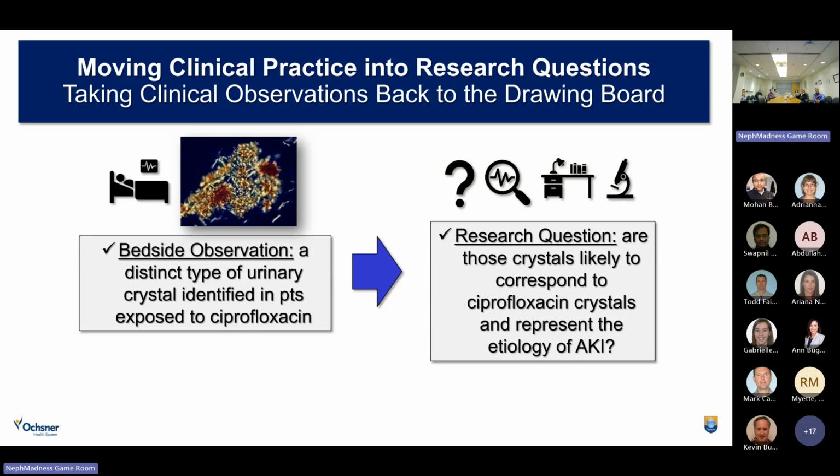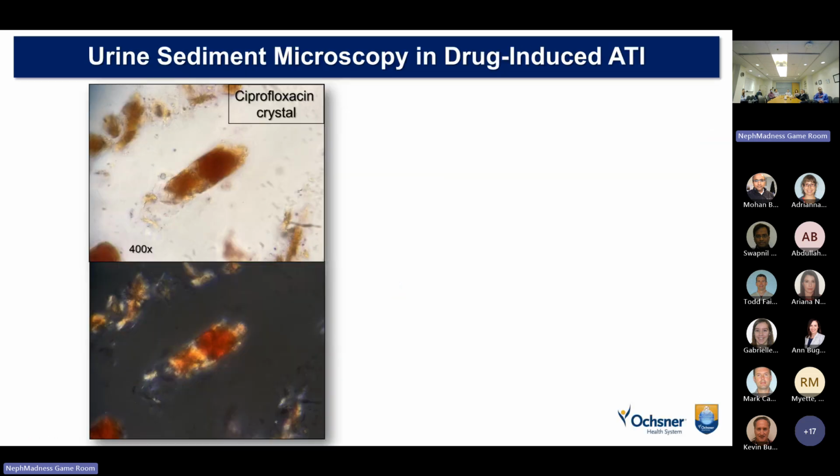But we kept seeing crystals with this particular appearance, brownish, some spindle shape, as you can see in this image, in patients that had been exposed to ciprofloxacin. We had a couple of times, and we started asking, is this a pattern or a coincidence? So we wanted to capture all patients that we could see with these crystals.